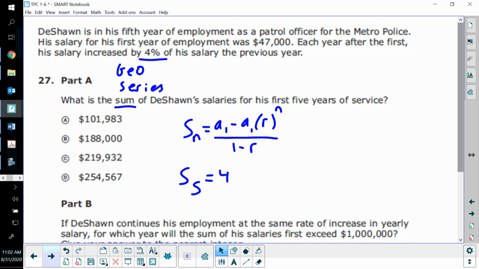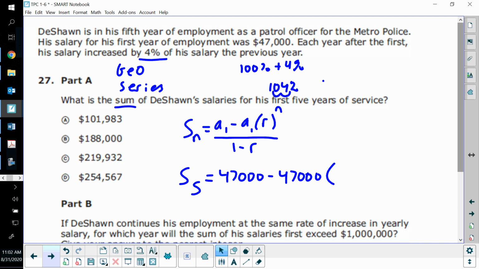The first year was 47,000. Now the R. Whenever you have a percent, you always start with 100%. If you're increasing, you'll add to that. If you're decreasing, you'll subtract from that. So we are increasing. So 100% plus 4% would give us 104%.